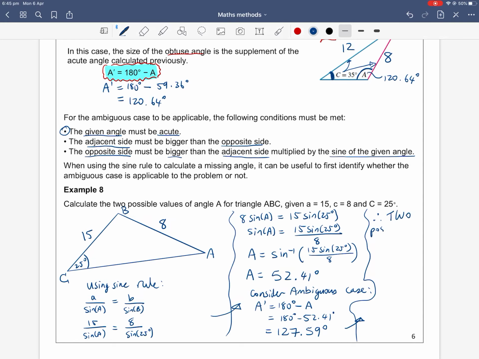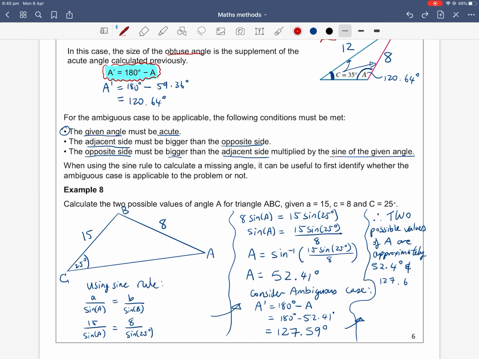Therefore, two possible values of A are 52.41 degrees. Well, we can approximate that, can't we? Approximately 52.4 degrees and 127.6 degrees.